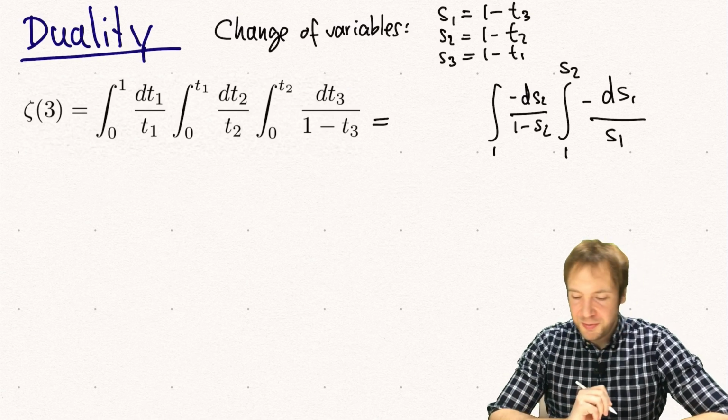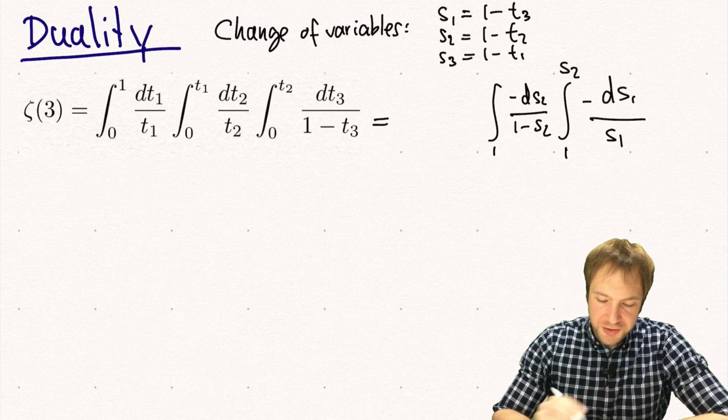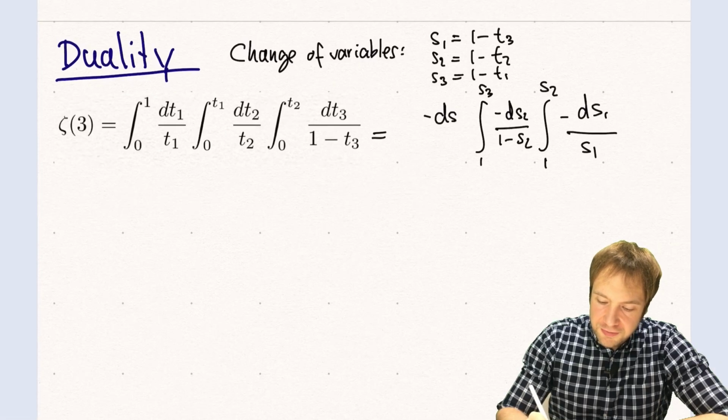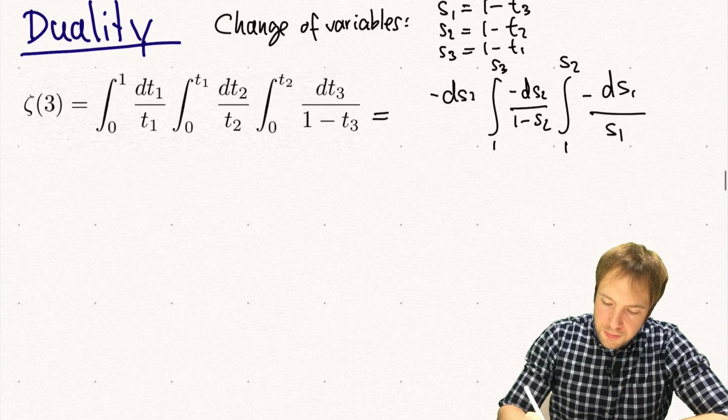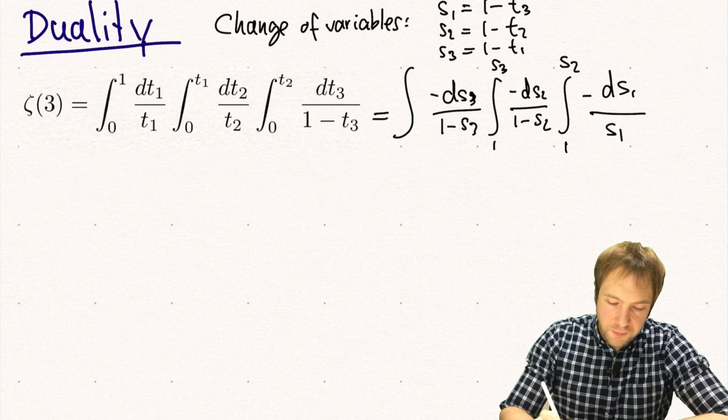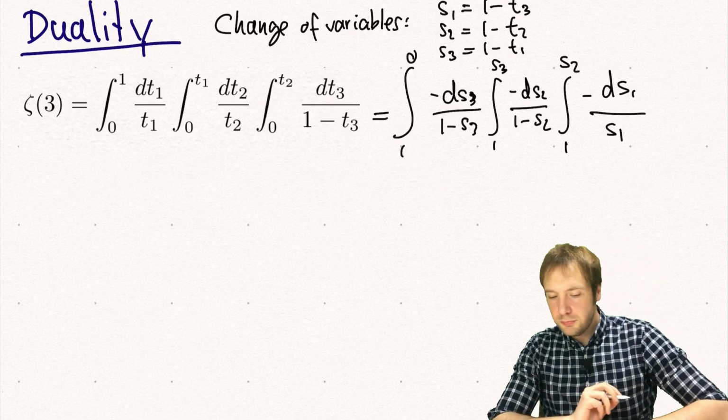And then we have the integral from 1 to 1 minus t1, which is s3. And here we have minus ds3 over 1 minus s3, integral from 1 to 0.